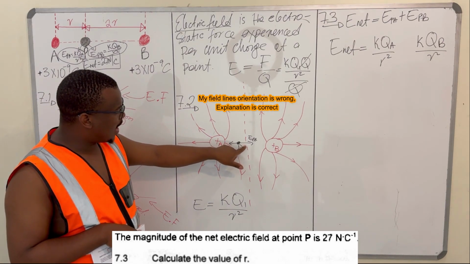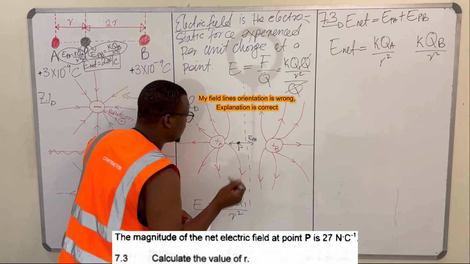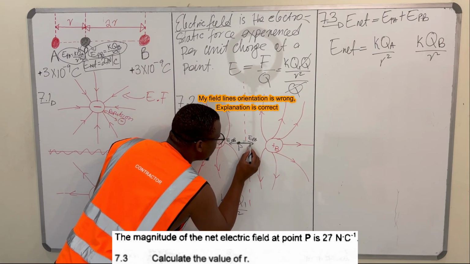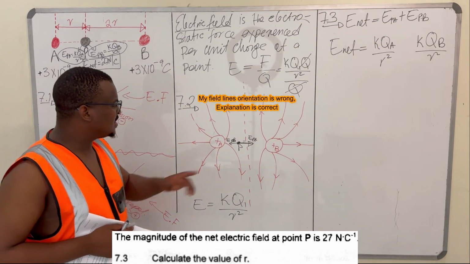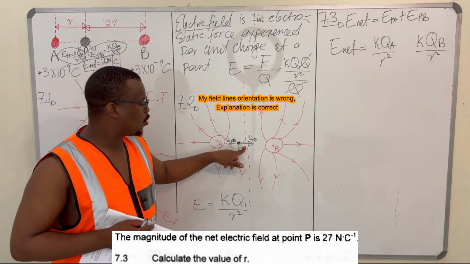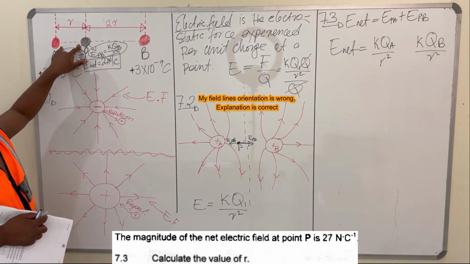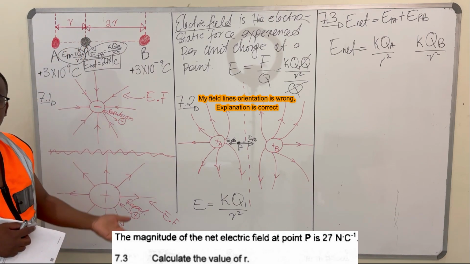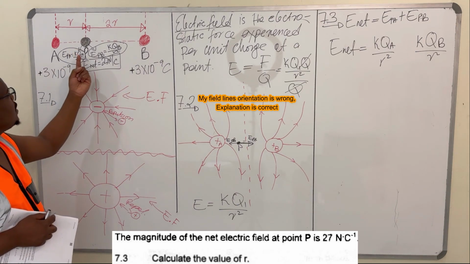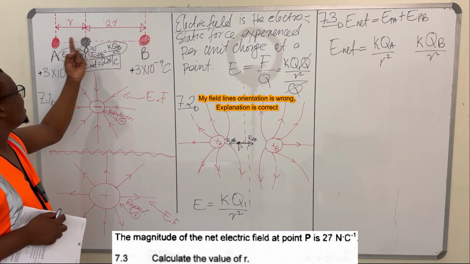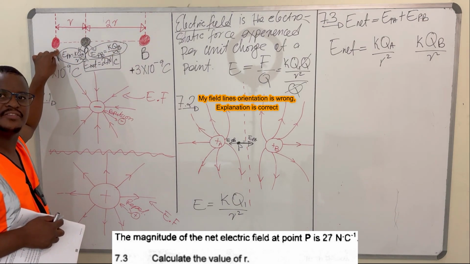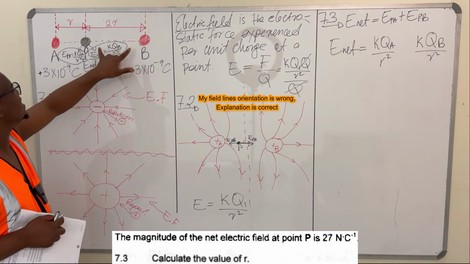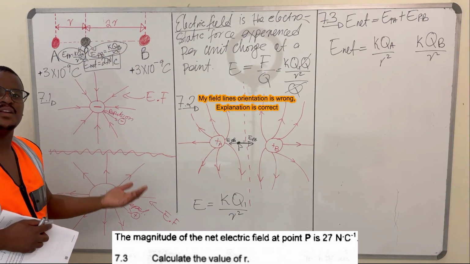I would think this one, which is the electric field at P due to B, is the weaker one, and this one is the dominating one, because P is closer to A than it is to B. So there's a stronger dominance of the electric field of A than that of B. In that case, at P, the net electric field is to the right because of the stronger dominance of the electric field of A. That of B is a bit smaller because there's a greater distance between P and B.